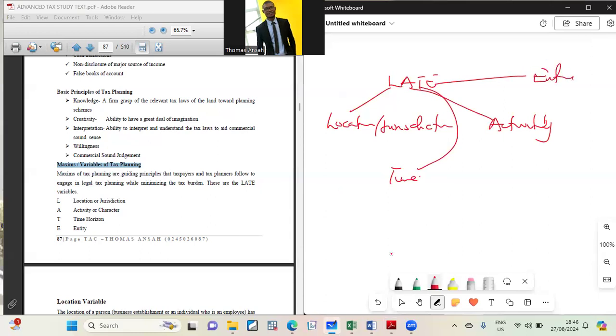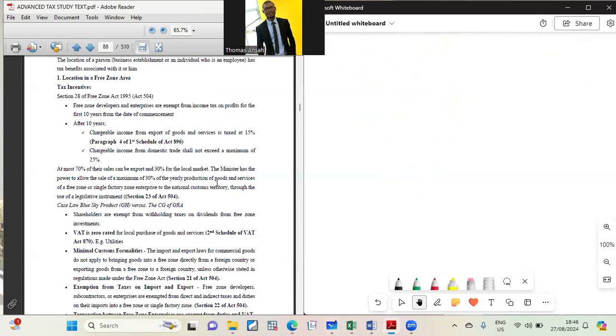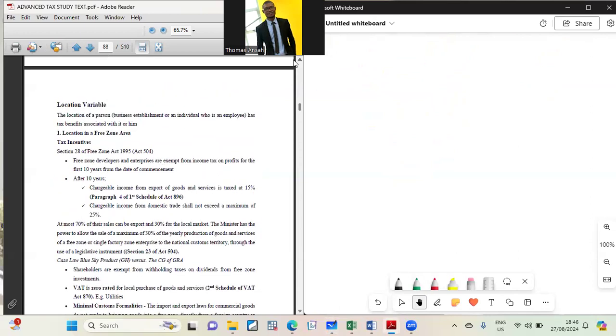So we are going to look at these four variables and discuss them. These are things you need to memorize, to be able to answer in your exam. So that is how it looks.